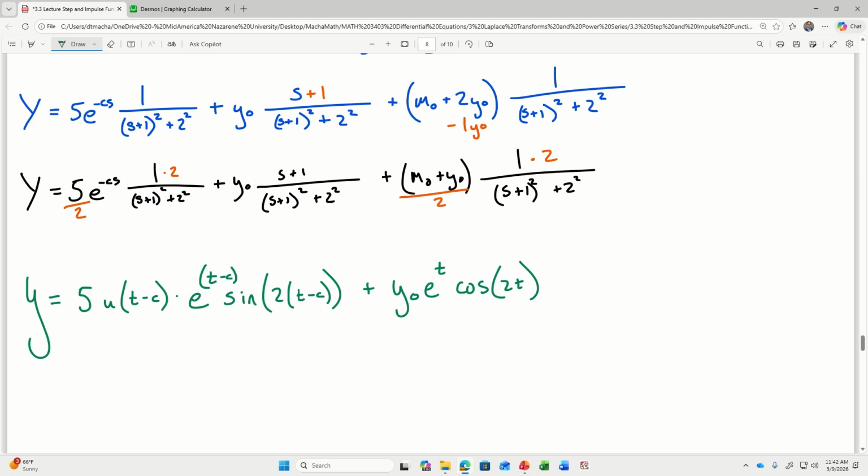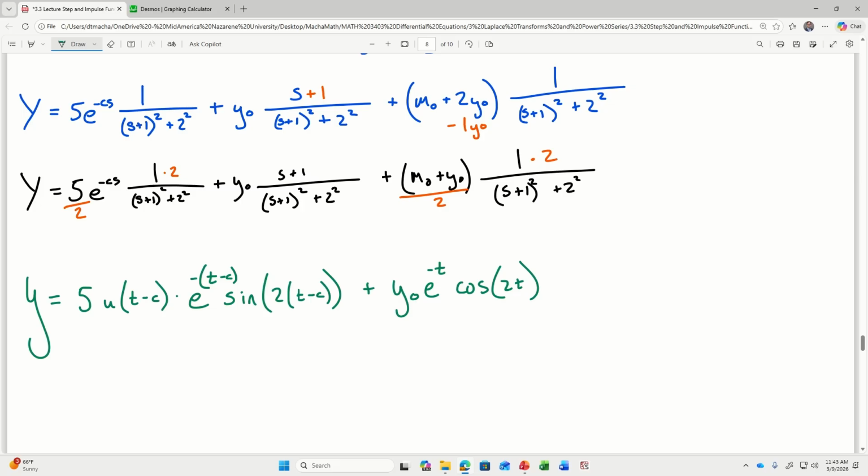The s plus 1 part is where I'm getting e to the t, but I've actually made a mistake. If you look closely at that table, it shouldn't be e to the t, it should be e to the negative t.